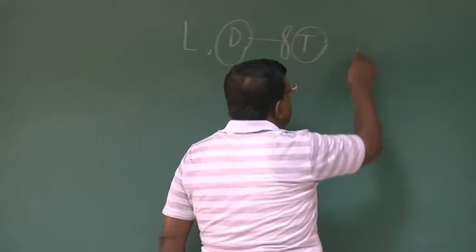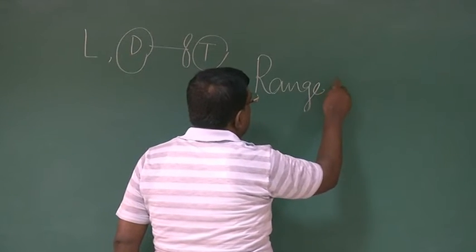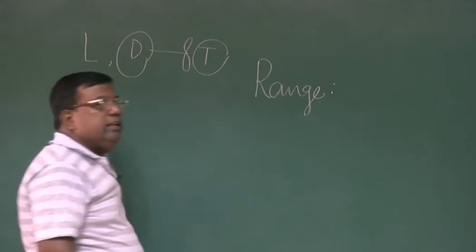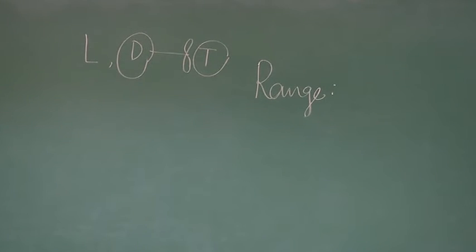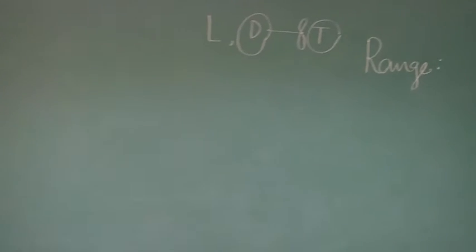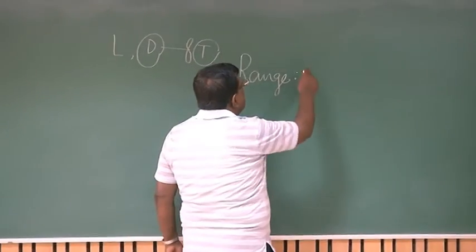For example, if I am talking about the range of an airplane, what do you mean by range of an airplane? It is the maximum distance it can travel for a given tank of fuel. That is range.